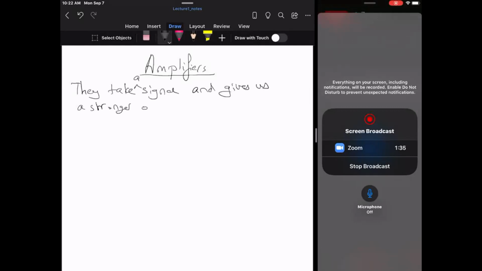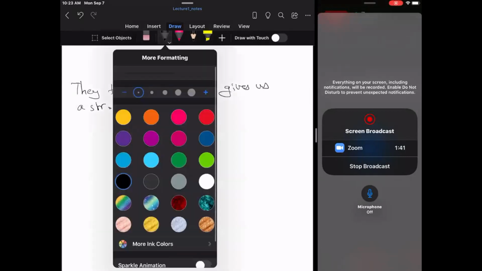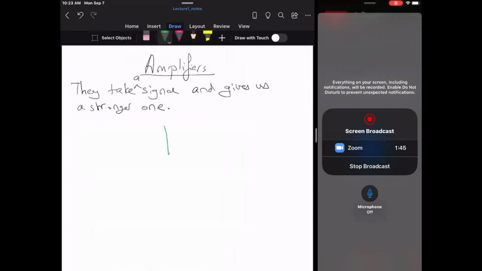Now, to remember the symbol of an amplifier: an amplifier is like a triangle. So it is a triangle and it has an input. It is a two-port amplifier. It has an input port and an output port.